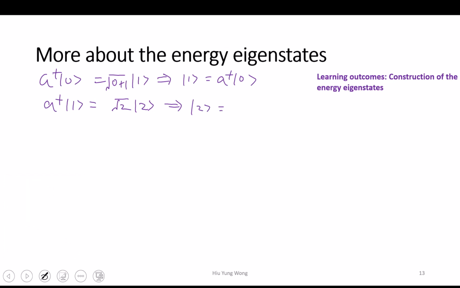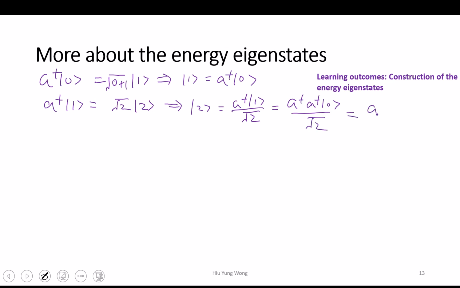It becomes A dagger acting on 1 divided by square root 2, right? I just put the square root 2 here. Is that okay? But then I continue to ask what is 1. We say 1 equals A dagger 0, so that's divided by square root 2, right?